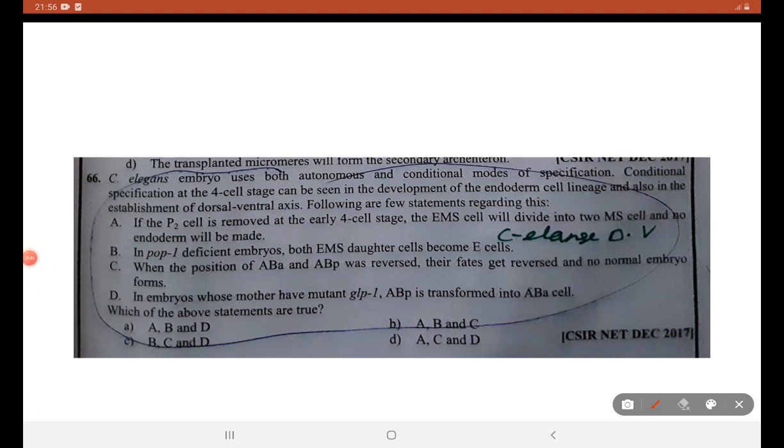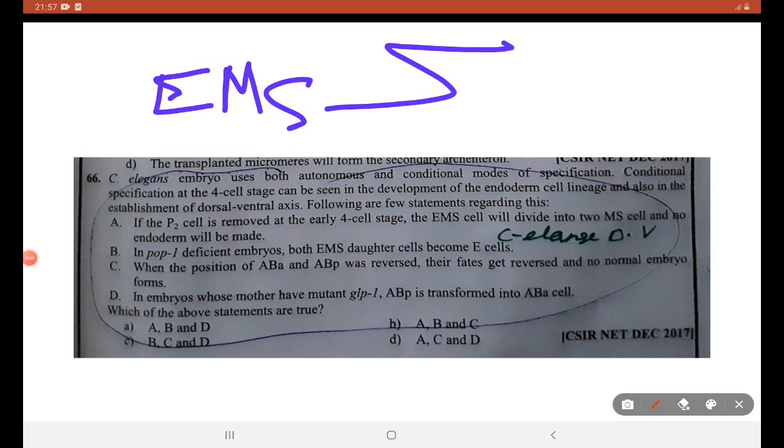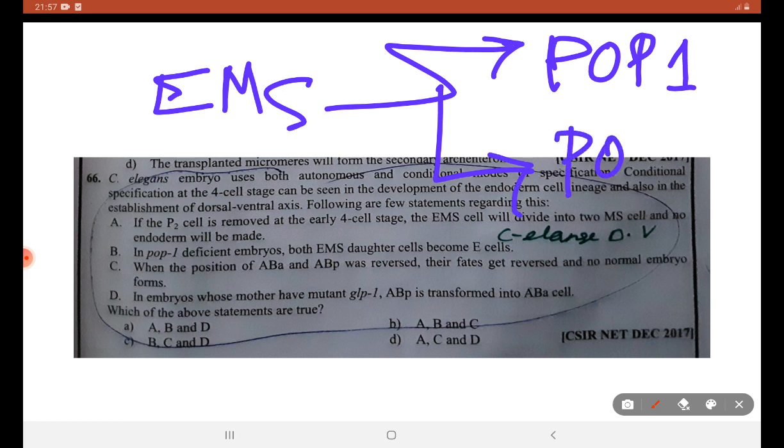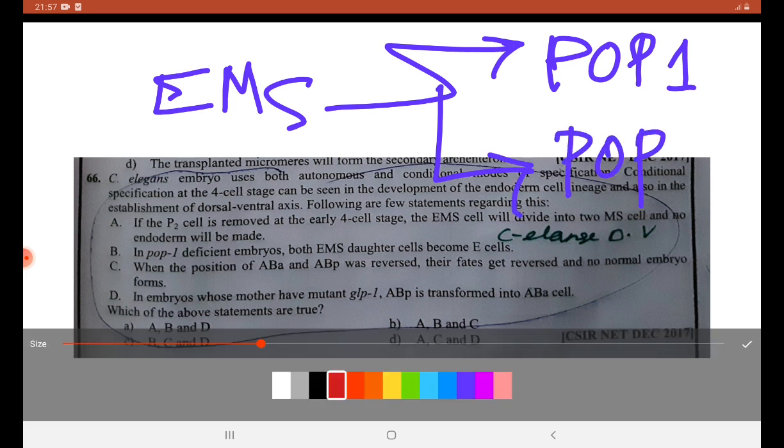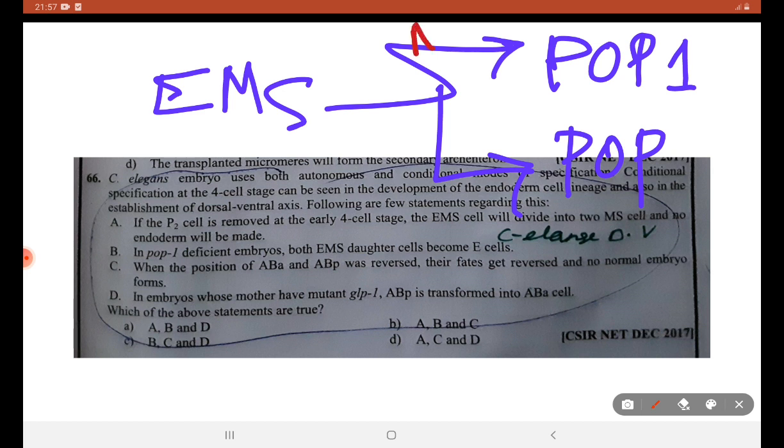First statement is correct. Next, coming to another concept of POP protein. EMS will give rise to two things, MS and E. In E, POP1 is deficient.